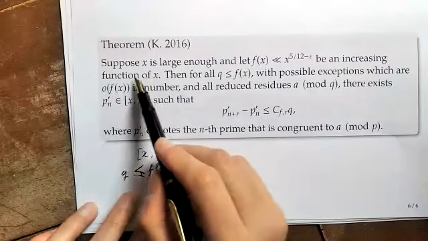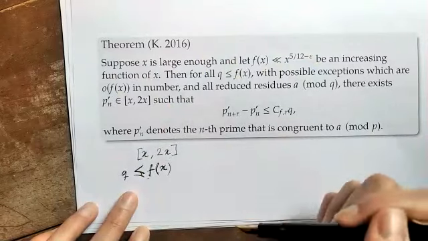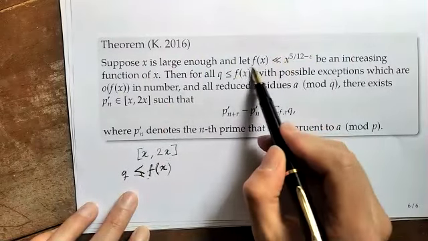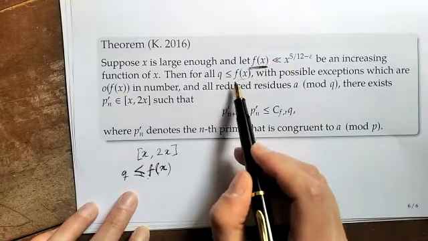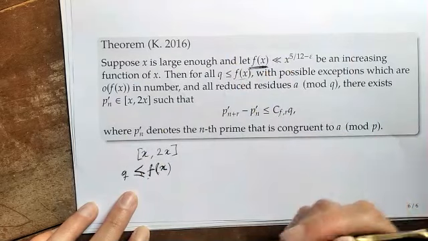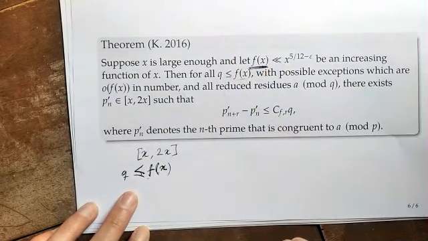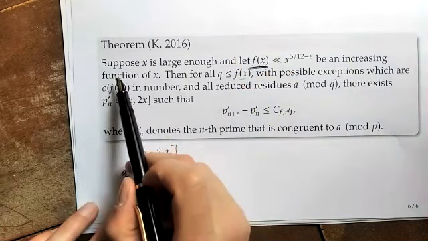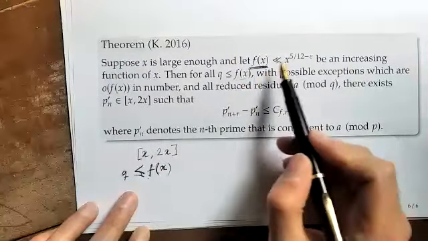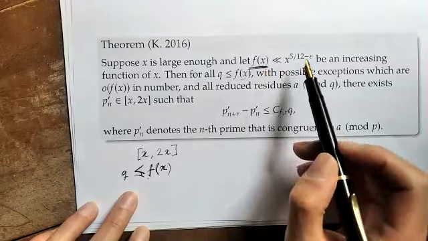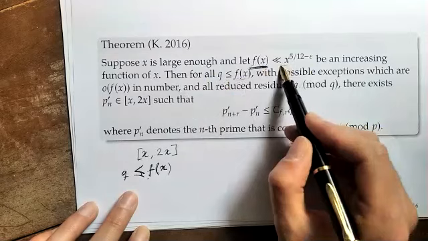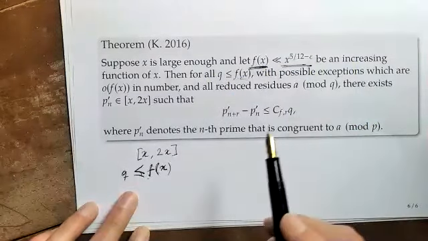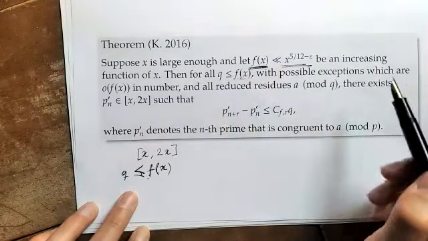The way it reads is, I didn't write all the subcases because depending on the rate of growth of this bound, how large you're allowed to take Q, you have to allow some exceptions, which come from exceptional zeros of L functions. But suppose you have this bound, then for all Q up to that bound, by the way, this is an absolute x to the 5 over 12 minus epsilon, you can't exceed that.